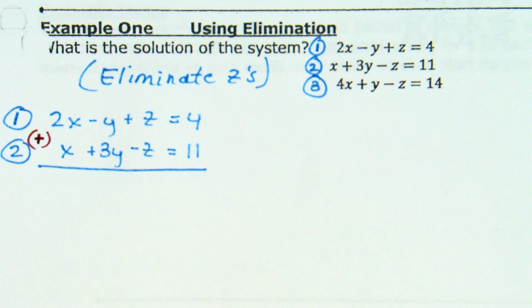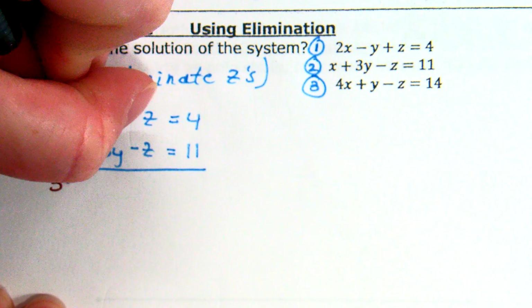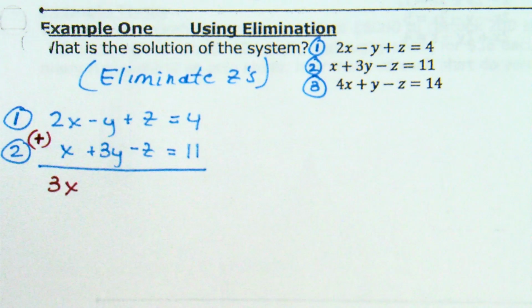Typical elimination. We've already done elimination with 2 variables. We quizzed on that, and most people had a pretty good idea of what we were doing. So, 2x plus x is 3x. Negative y plus 3y is 2y.